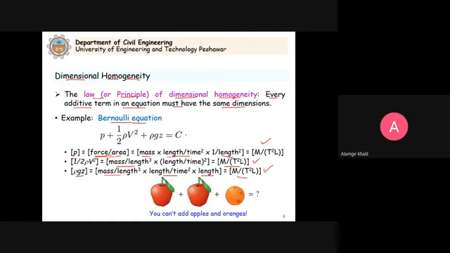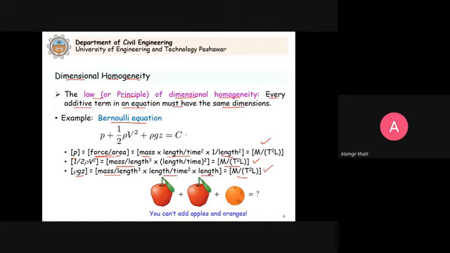The second advantage is that if we have this dimensional homogeneity, the same equation we apply to a variety of fluid mechanics problems. In pipe flow, we can apply the Bernoulli equation. In open channel flow, we can apply the Bernoulli equation. That's why it is one of the fundamental equations in fluid mechanics.